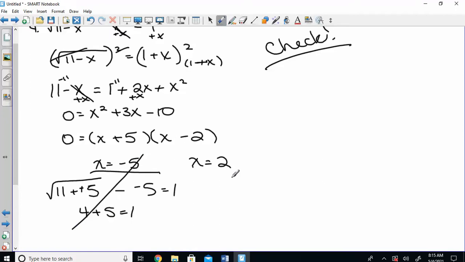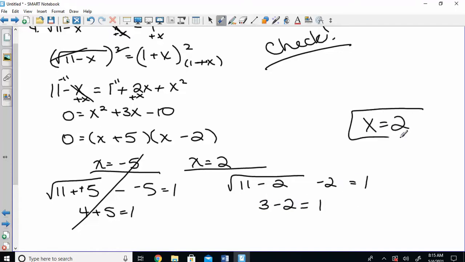No, so that one doesn't work. When I check 2, I get square root of 9, so 3 minus 2 equals 1, and that does work. So the only answer that checked on this one was positive 2. So that's B.